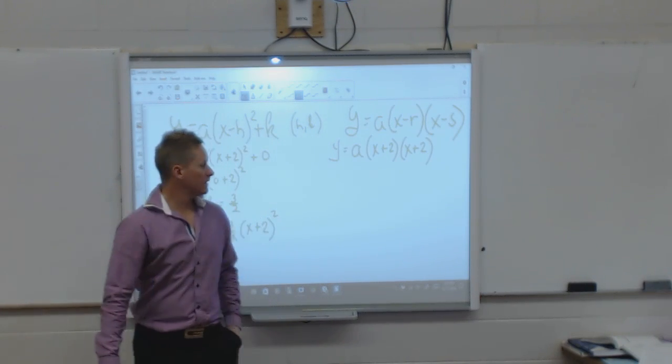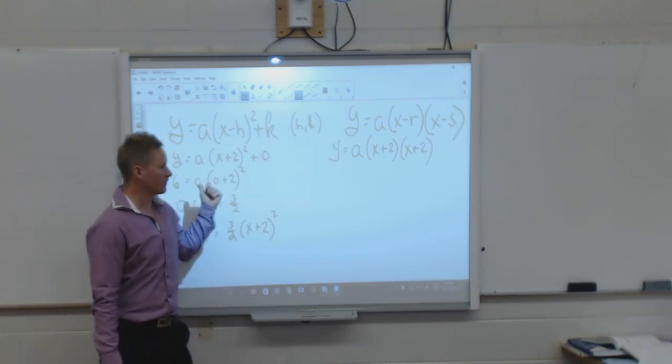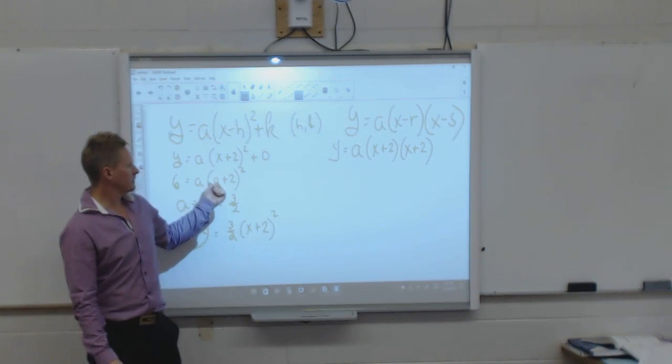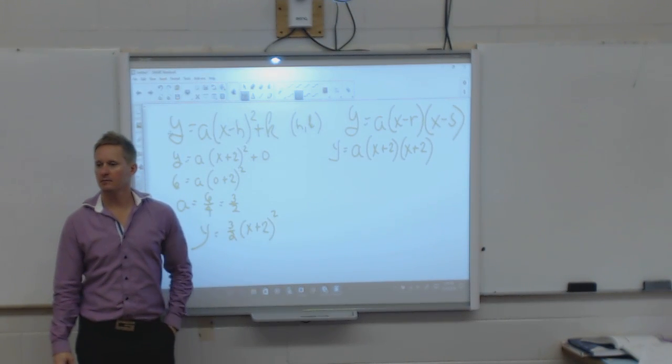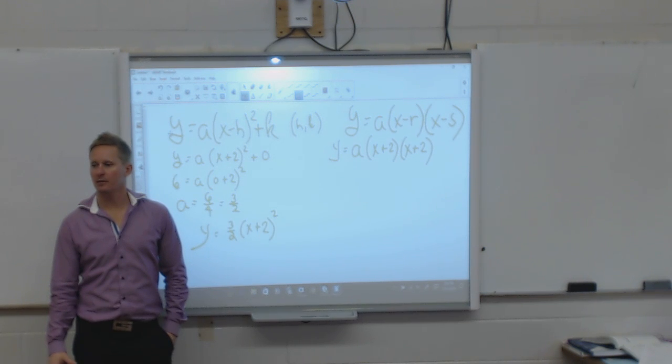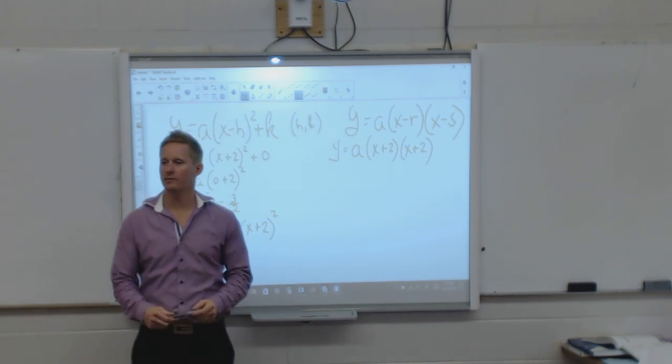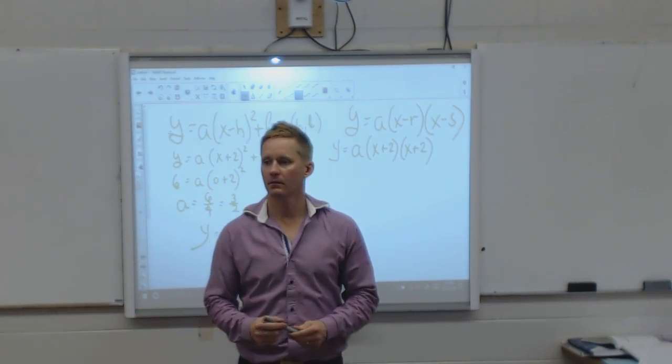And now you go through and you do the same process you did over here. Substitute in 0 and 6, and you'd end up with the same answer. Right? So you have two methods in which you can solve for it depending on what you want to use.